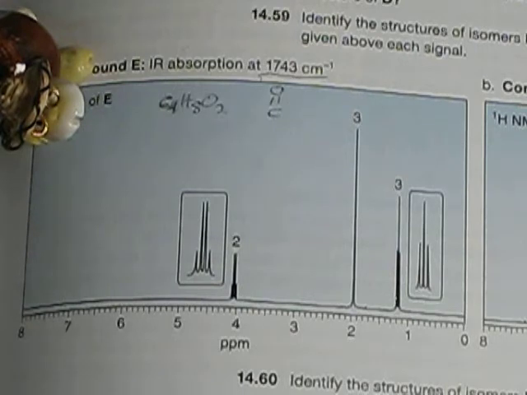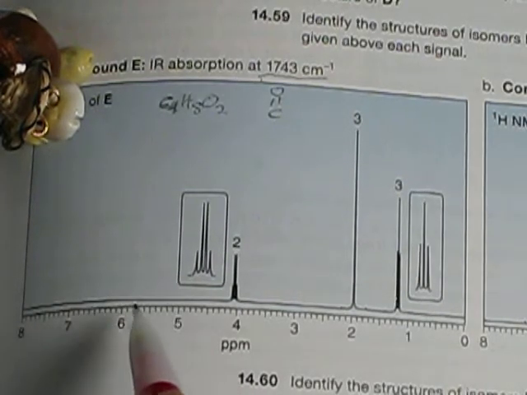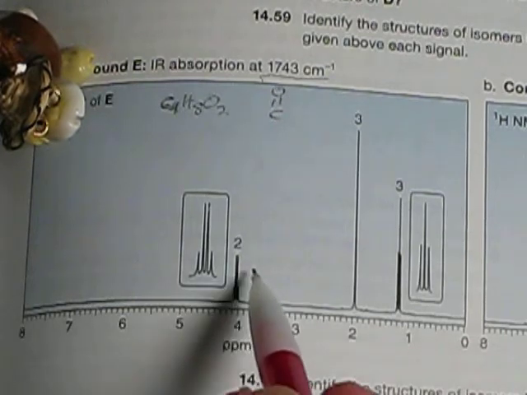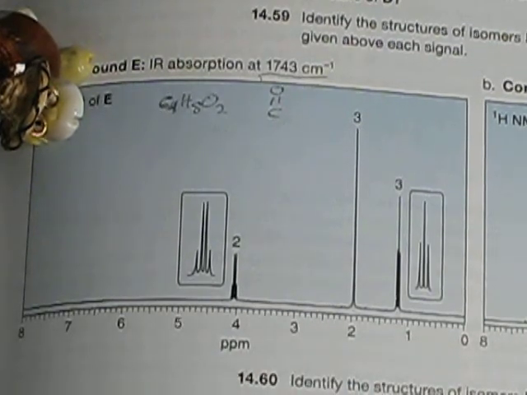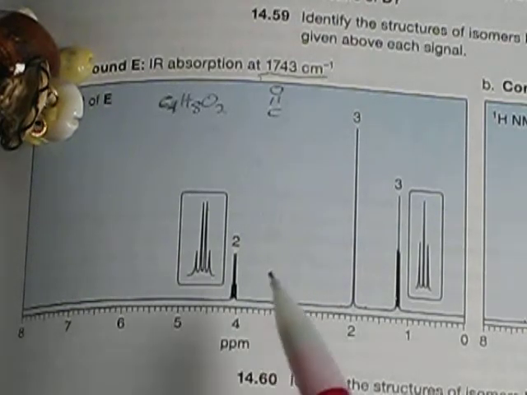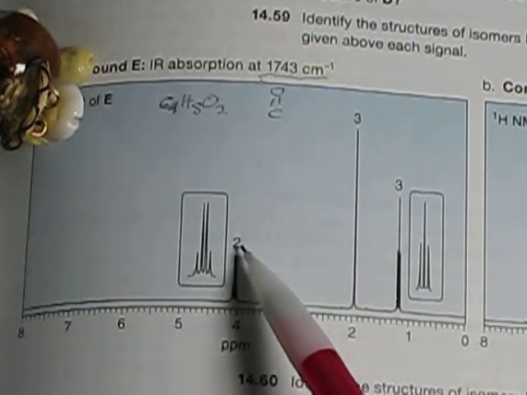So here's what I'm saying here. As I look down left to right, I see, okay, at 4 ppm, there's some sort of signal here. And recall, we need to analyze it for all 3 things: chemical shift, integration, and spin-spin splitting. All right, so first thing, it integrates to 2.